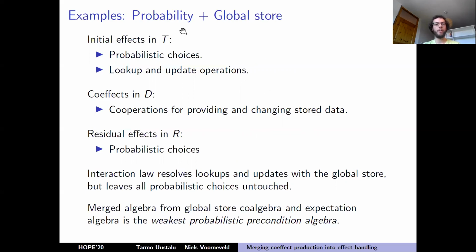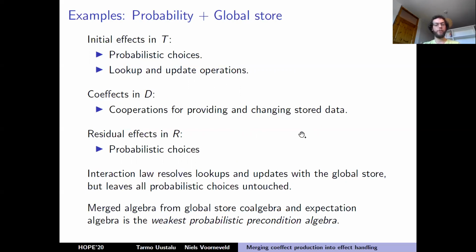The first case is a very old example, which is a combination of probability and global store, where the initial effects are both probabilistic choices and lookup and update operations.